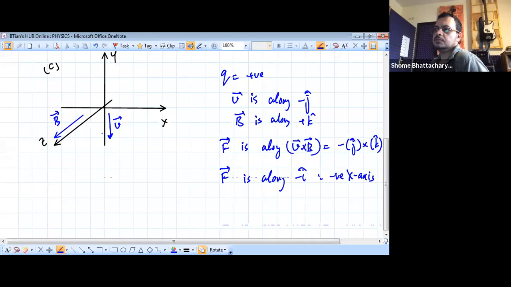If you point your thumb along this v and your fingers along B, you will see that your palm is pushing in the negative x direction. This will become the direction of force. Okay.